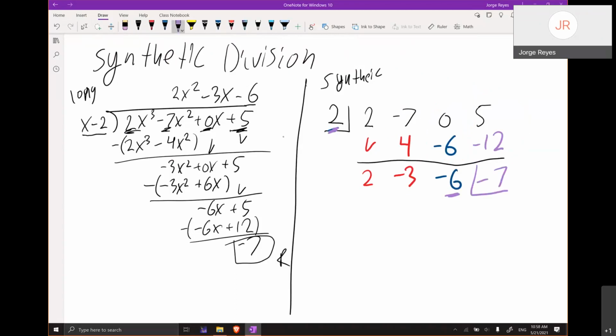Okay, and the last number is special because the last number is your remainder. Look, -7, -7. Okay? And in fact, these coefficients are special because if you notice, they're the coefficients of our answer. Okay, so if you do synthetic division, as long as you know what it means, it's way faster.